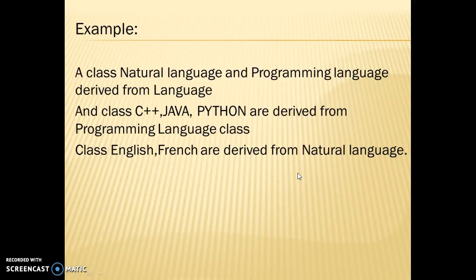Now it is obvious that English or French is nothing other than a language, the base class. So whatever the characteristics of the base class language, they will automatically transfer to the derived classes English and French as well. This is very easy to understand.